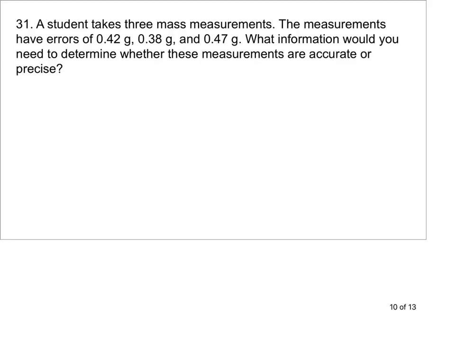Number 31. A student takes 3 mass measurements. Measurements have errors of 0.2, 0.38, 0.47. What information would we need to determine if these are accurate or precise? And we would need the accepted value.